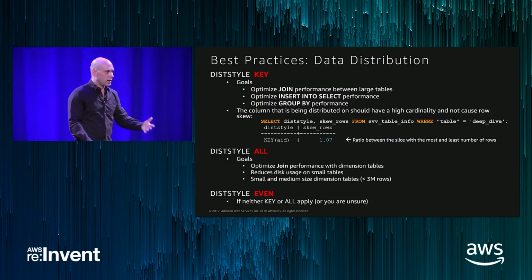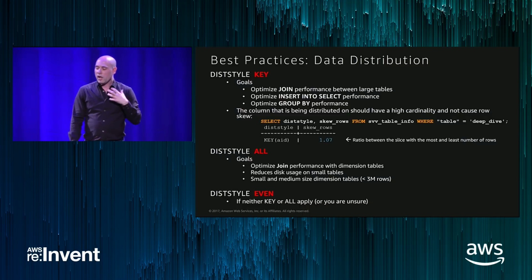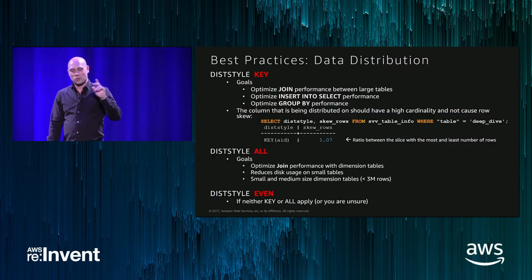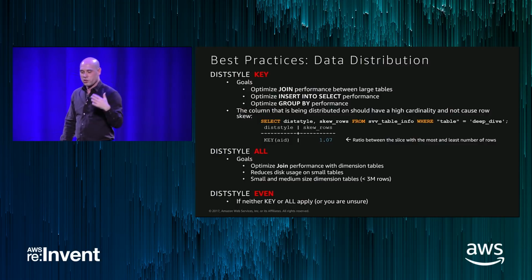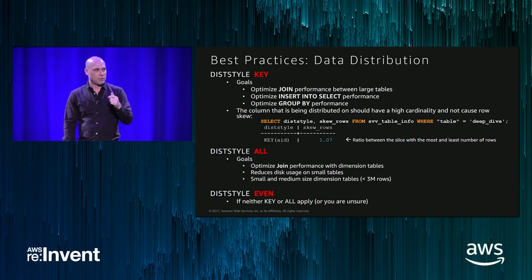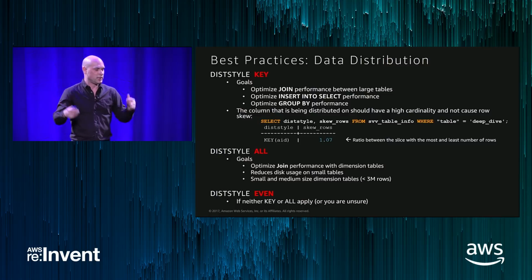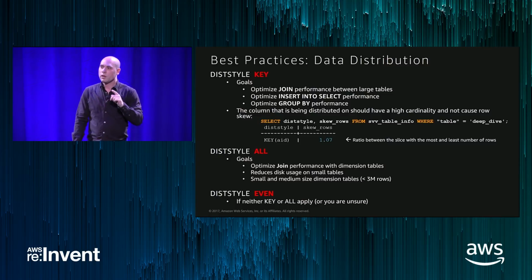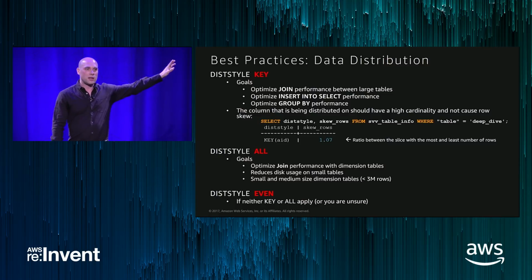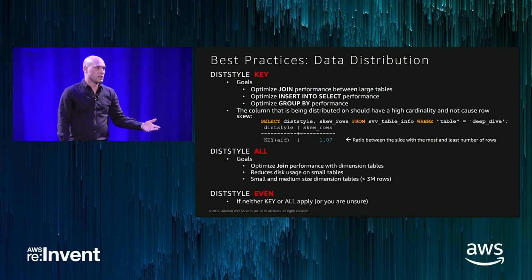There are cases when it can be more, but as a general rule of thumb, 3 million rows or less is a good number. There's one other thing: as long as you're also not reading or writing frequently to that table, because obviously a write to that table means every node in the cluster is rewriting the same data.